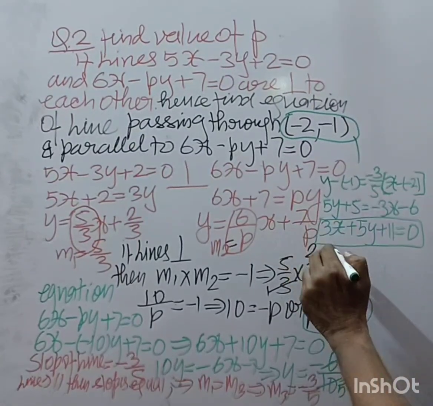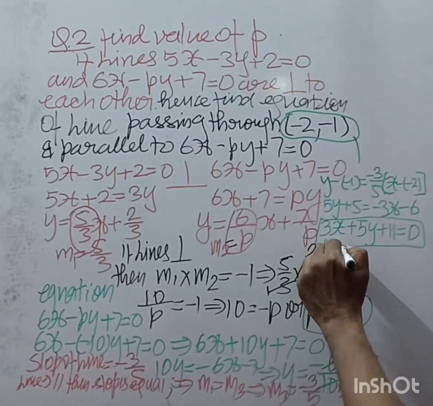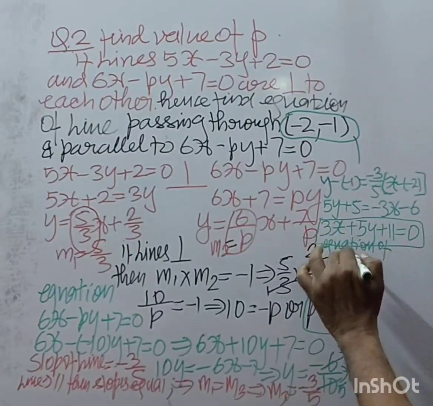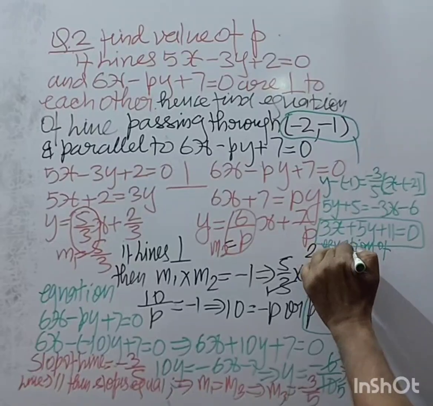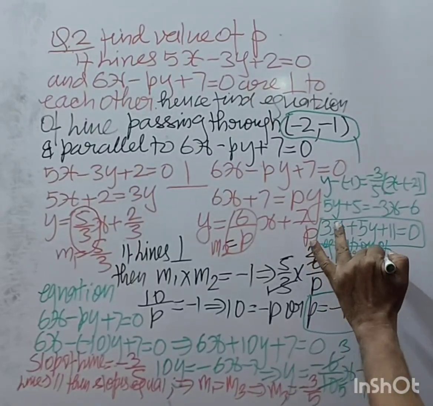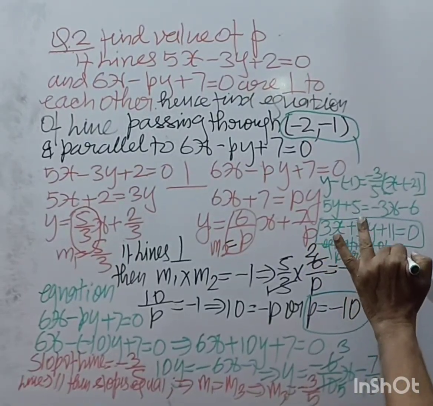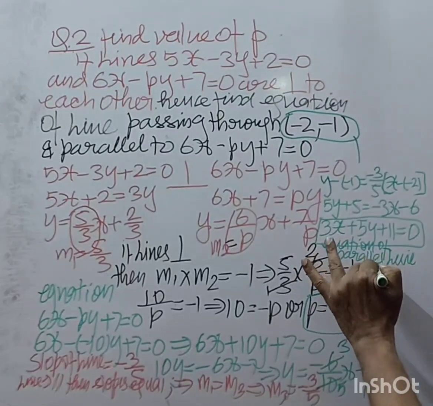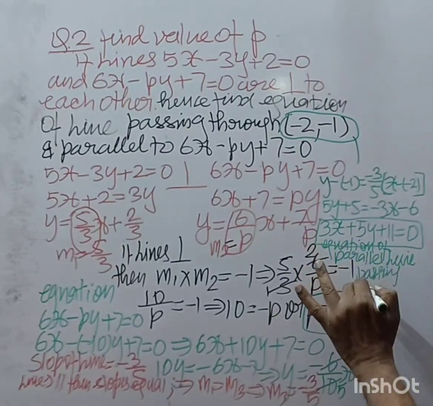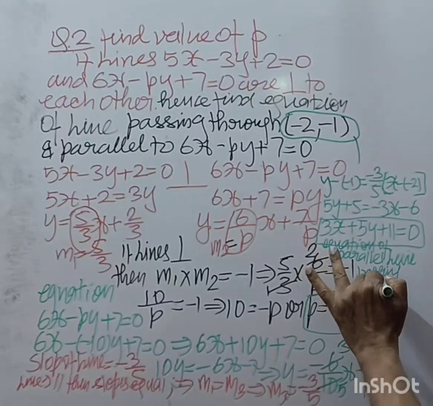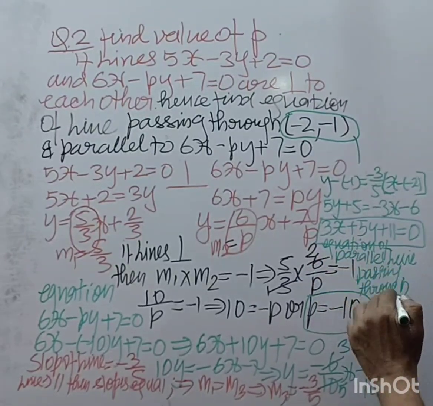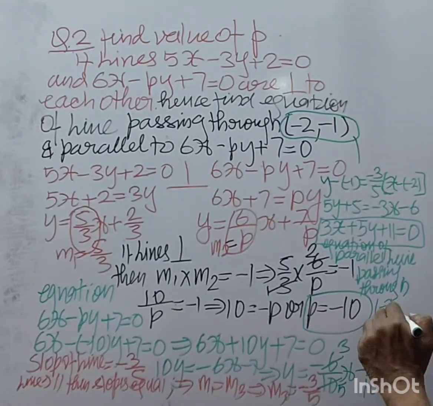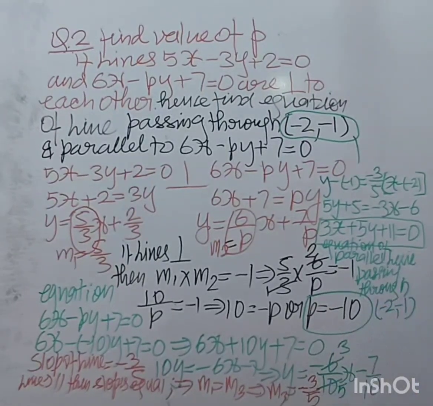So this is the equation of the parallel line passing through minus 2 comma minus 1.